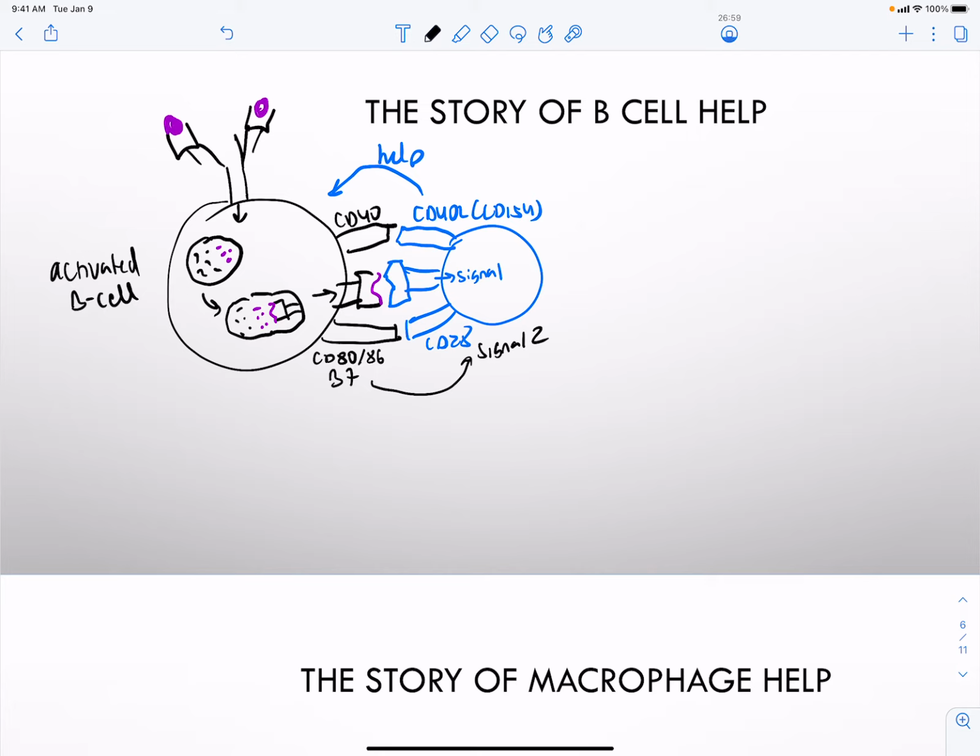And so all that happens, nothing has changed. And what the help signal does is the B cell is now able to undergo isotype switching plus somatic hypermutation.